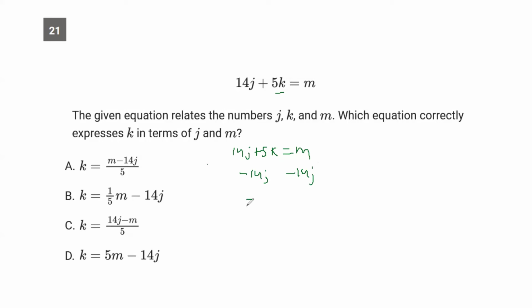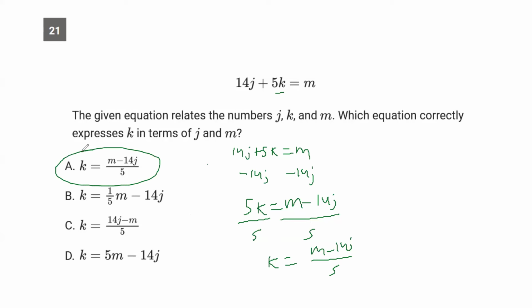And now you have 5K equals M minus 14J. And then we're going to divide everything by 5 to isolate K fully. So K equals M minus 14J over 5, because we did the opposite of what was being done to K to isolate K. And that gives us letter A.